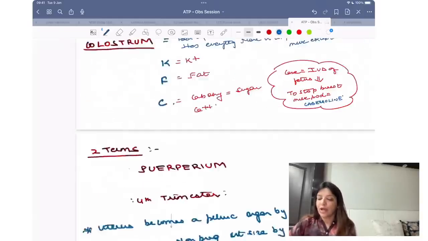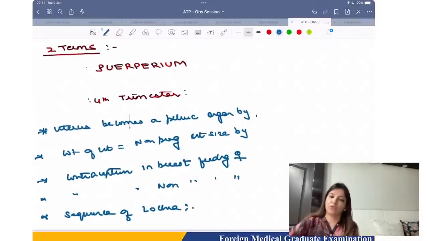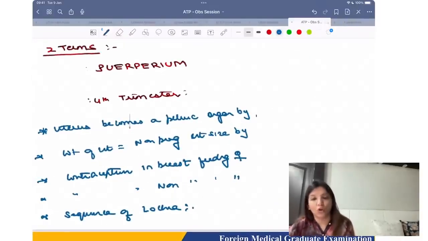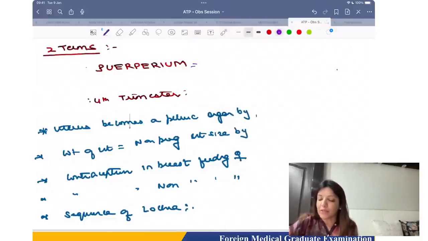Right. Now, there are two terms which you have to remember. One is puerperium, which you already know, and a new term has been introduced recently, that is fourth trimester. You should know both these terms. They can be asked. What is puerperium? Puerperium is the period after birth and till 6 weeks after delivery.